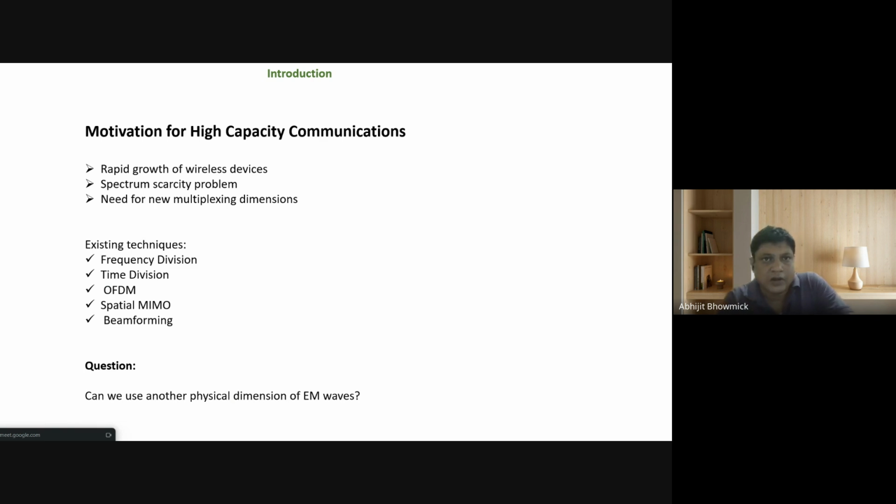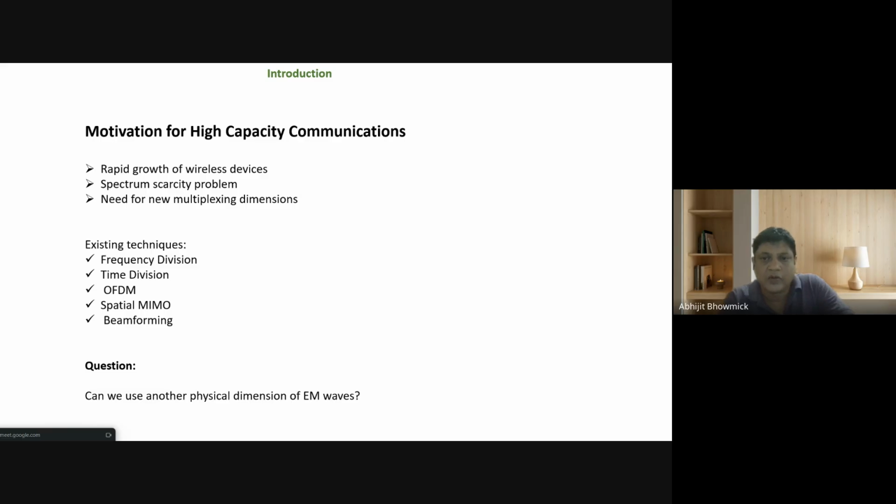If we look at the motivation behind these techniques, why we are looking for such high capacity techniques, the reason is the rapid growth of wireless devices and applications.